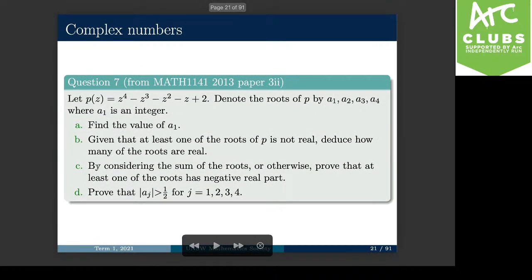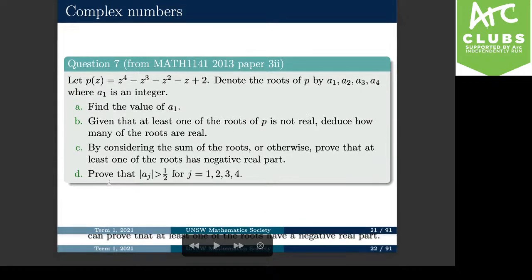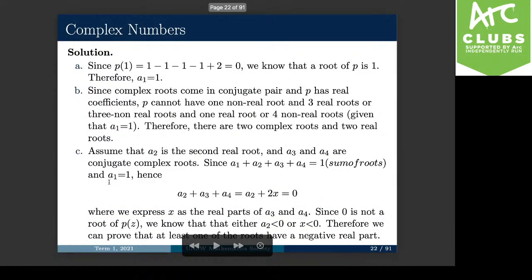So for part C, by considering the sum of the roots or otherwise, prove that at least one of the roots has a negative real part. We found that A1 is a real root, and we assume that A2 is the second real root, so therefore A3 and A4 have to be the conjugate complex roots, right?